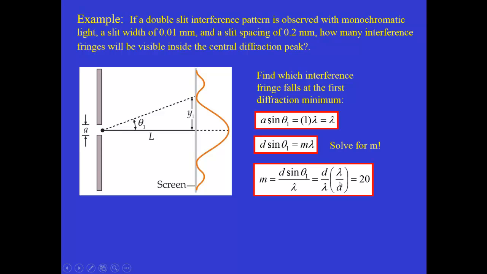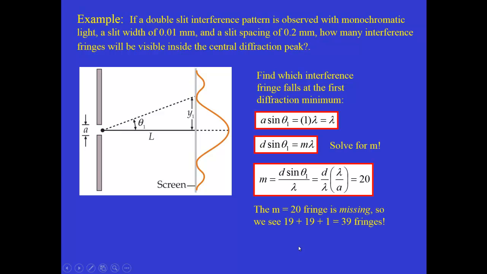So the lambdas cancel, and we get m equals d divided by a. d is 0.2, a is 0.01, and so we get an answer of 20. It's exactly the integer 20, which means that starting from the center, the 20th double slit interference fringe is missing because it falls right at the location of the first minimum in the diffraction pattern.